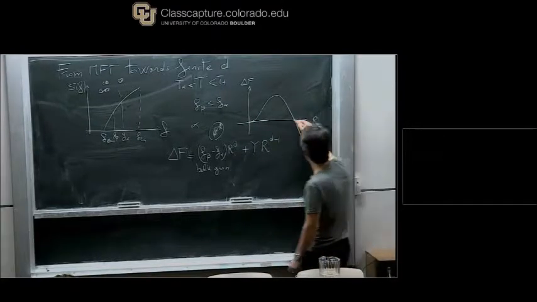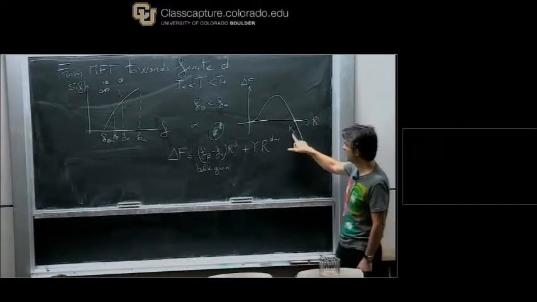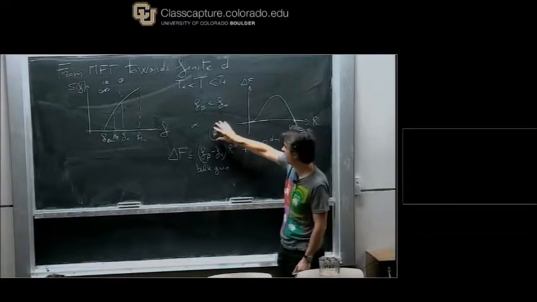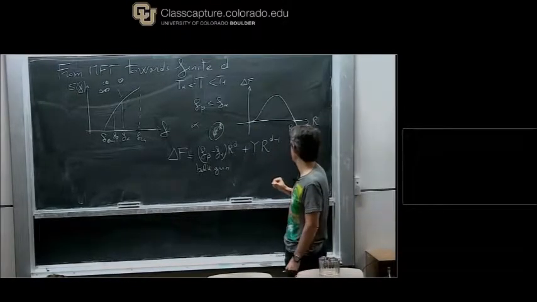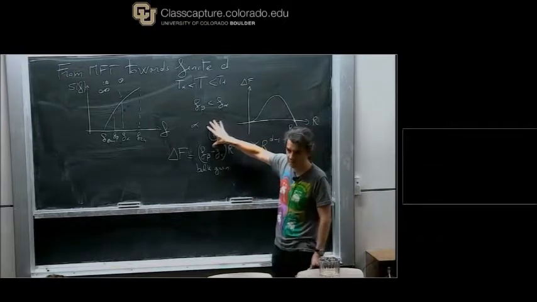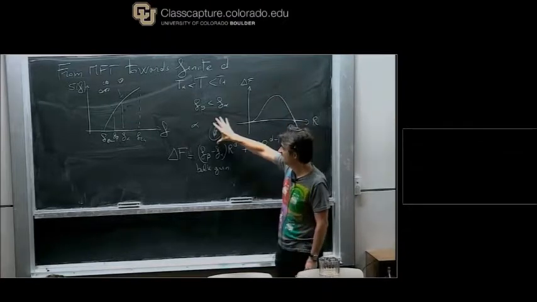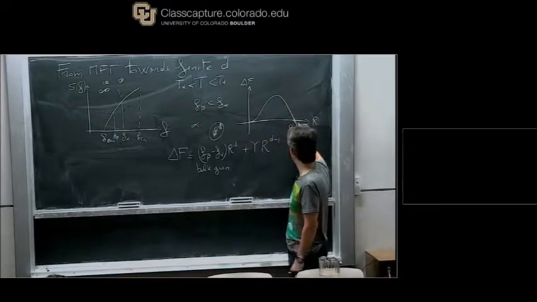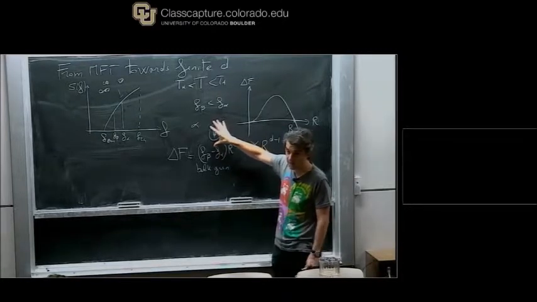And this value here, rc, the critical radius, tells me that if I create a droplet with a radius less than rc, I'm not gaining free energy. I'm still paying free energy. But if r is larger than rc, I have a gain in free energy.